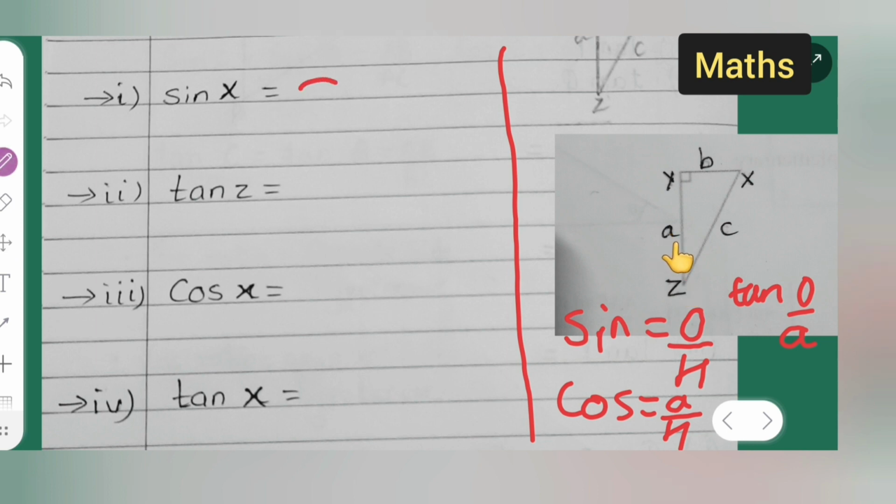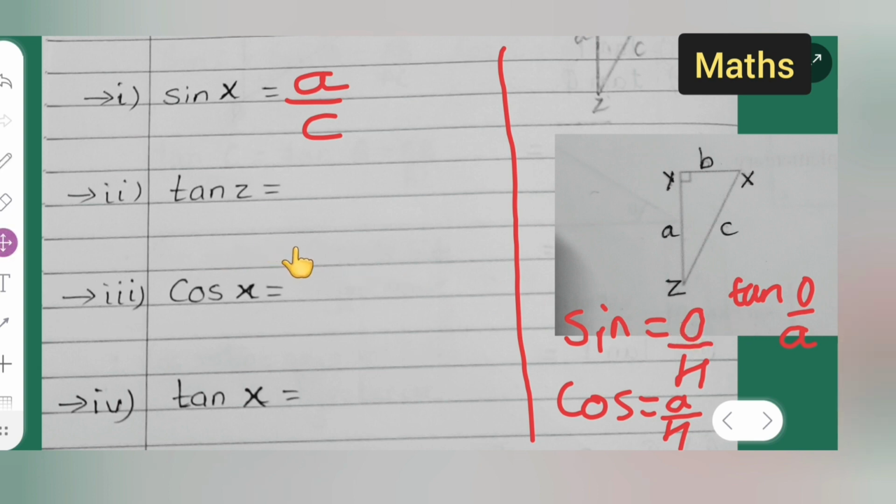So write it down over here, a upon hypotenuse. What is the hypotenuse over here? c is the hypotenuse. So write down c. So basically it is nothing but a upon c.